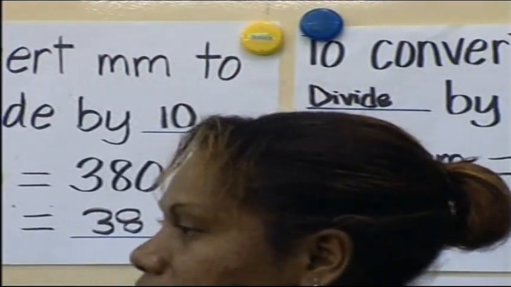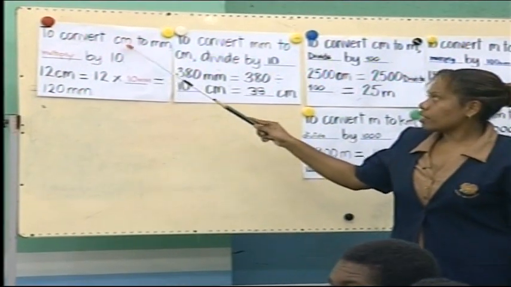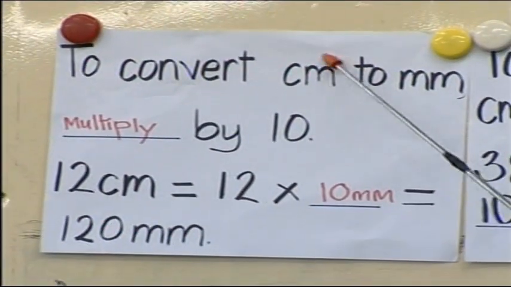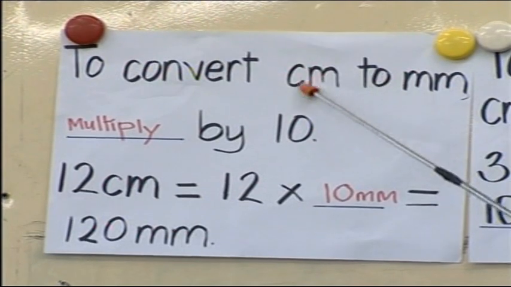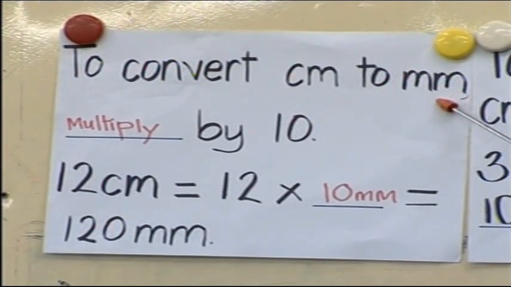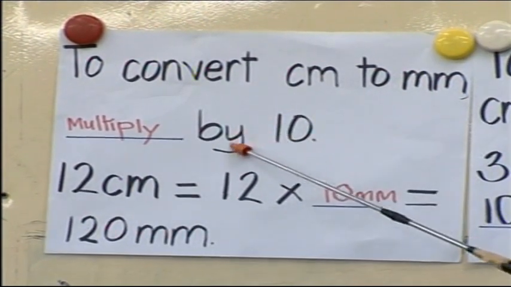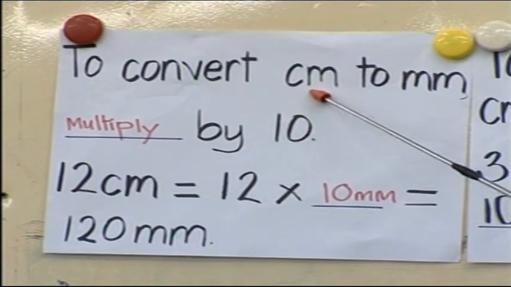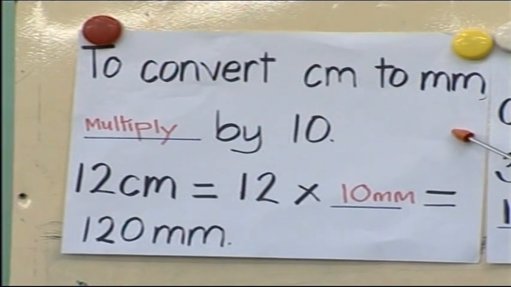All right, converting centimeters to millimeters. Here you're converting a bigger unit to a smaller unit. What do you do? You multiply, okay? In this case, we are changing centimeters to millimeters.